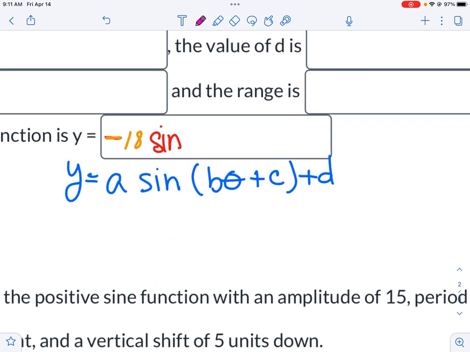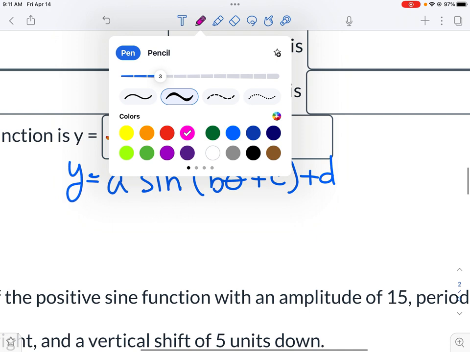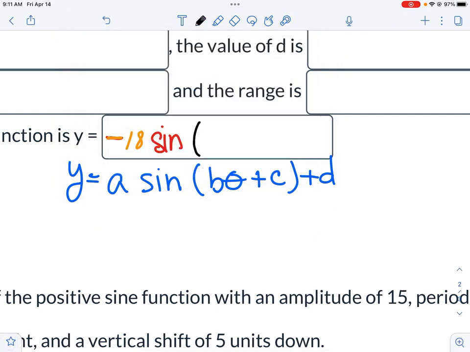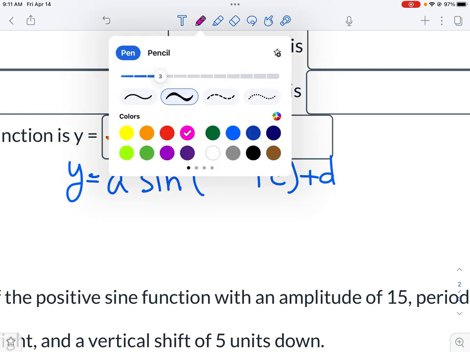And then here, I am going to write 10 sevenths theta. However, theta is really hard to type in with the MacBook. So instead of theta, I am going to change theta to the letter x.